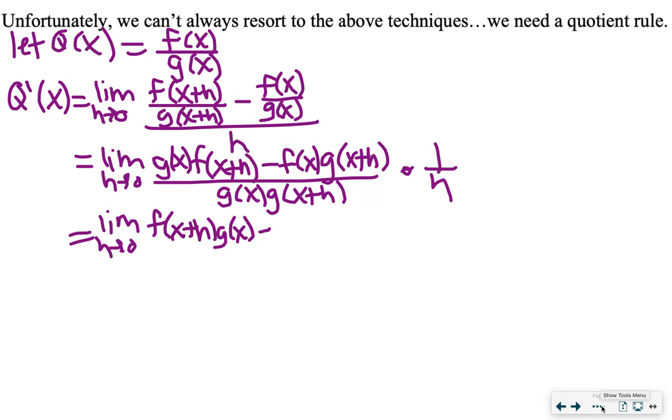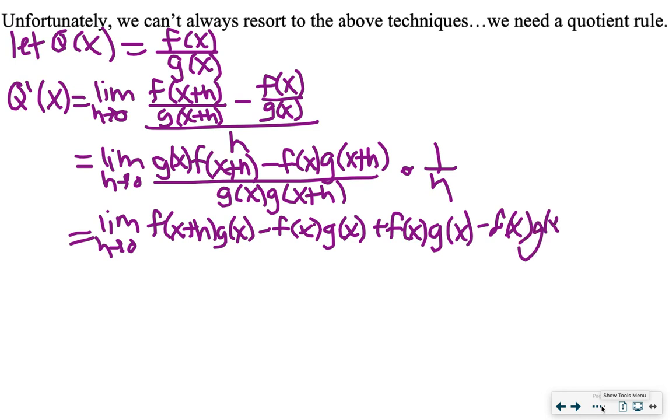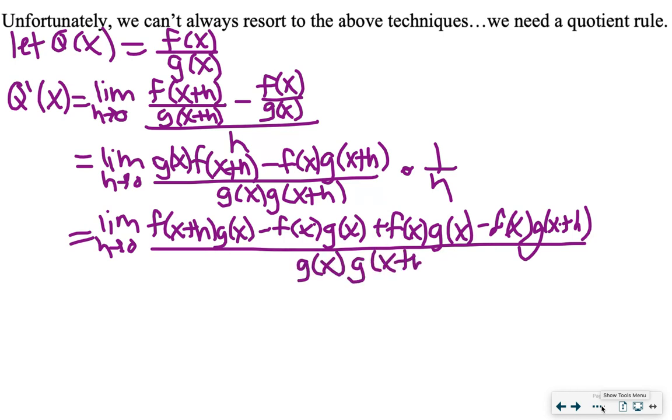So first I'm going to subtract f of x, g of x, and then I got to add it. And then I've still got that minus my f of x, g of x plus h. All of that is over my g of x plus h, all being multiplied by my 1 over h.